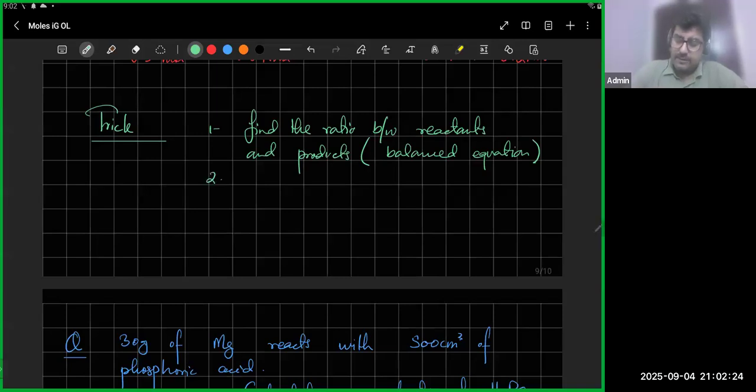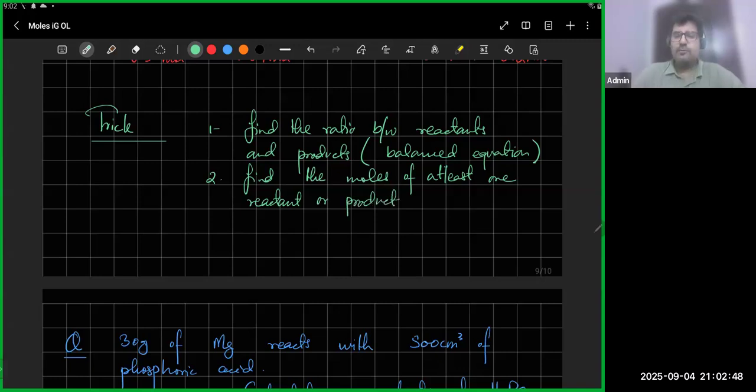Second thing, once you know that, you need to find the moles of at least one reactant or product, anything in the equation. You need to know the moles of at least one thing.